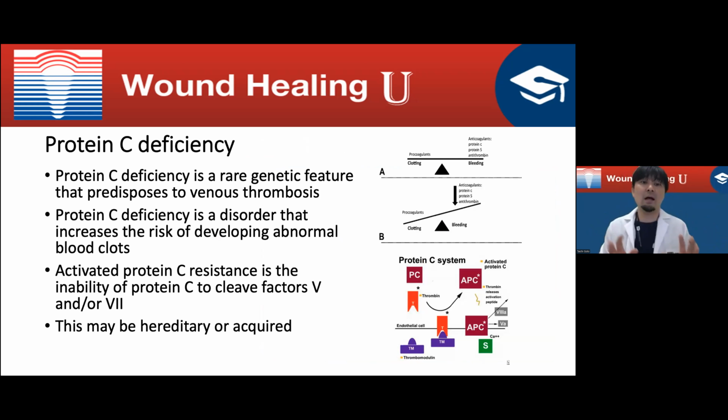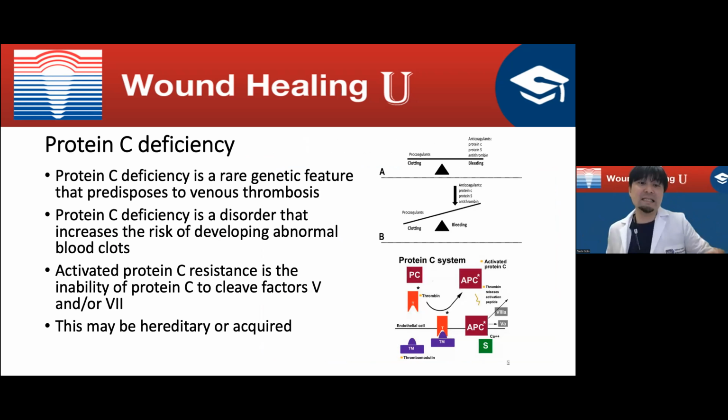And among the blood coagulation factor deficiencies, protein C deficiency is one of the common risk factors for hypercoagulable states. Protein C is an inactive enzyme playing an important role in regulating anticoagulation, which means protein C inhibits coagulation.